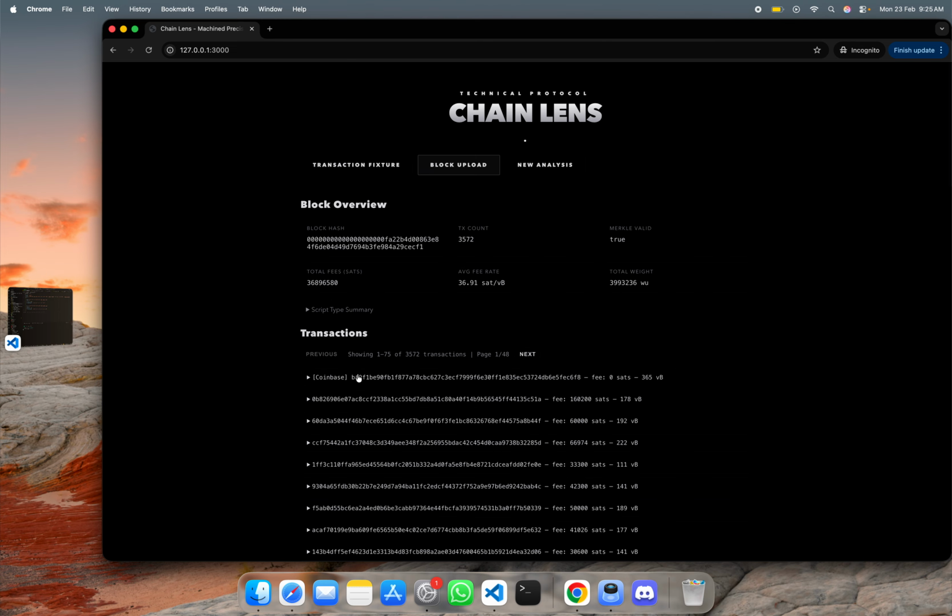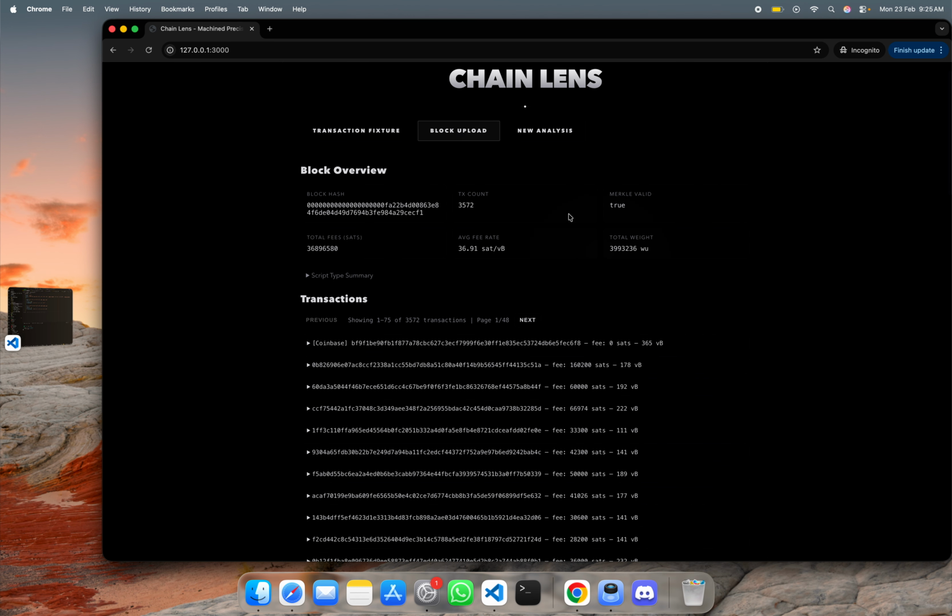As you can see here, the block hash is a unique ID for the block. Think of it like a fingerprint of the block, created using cryptographic hashing, used for verifying block integrity. That's why if even one bit changes, the hash changes.